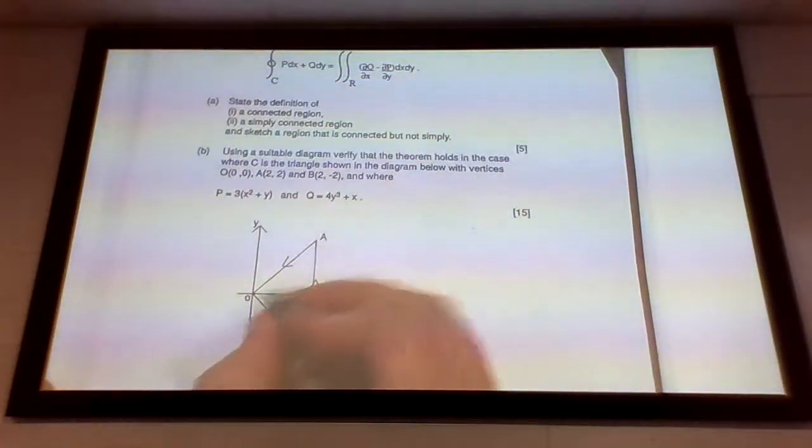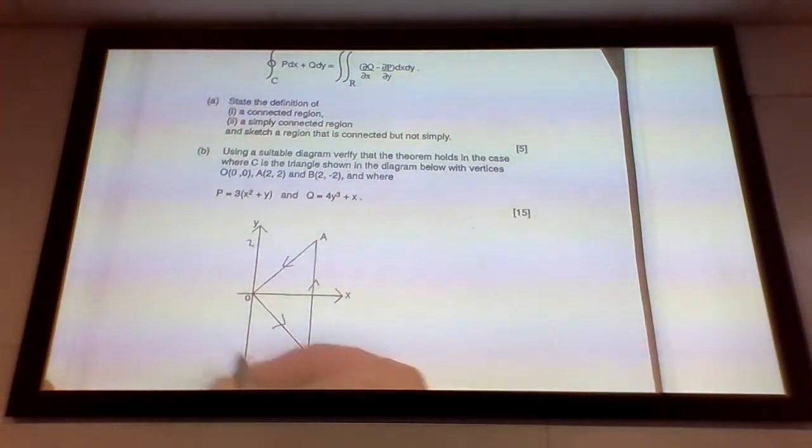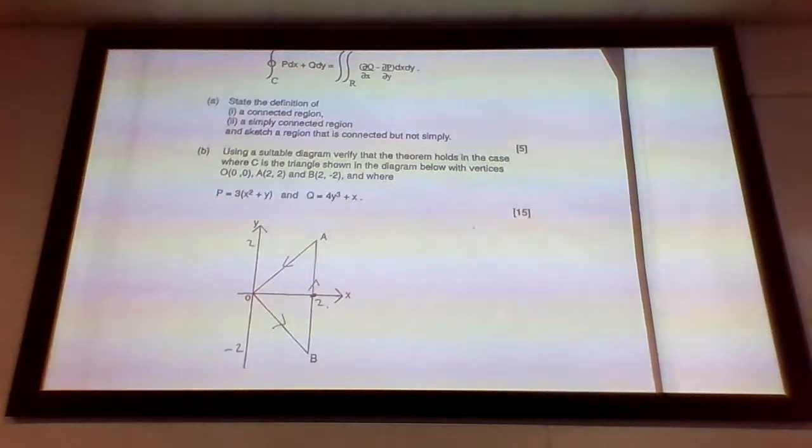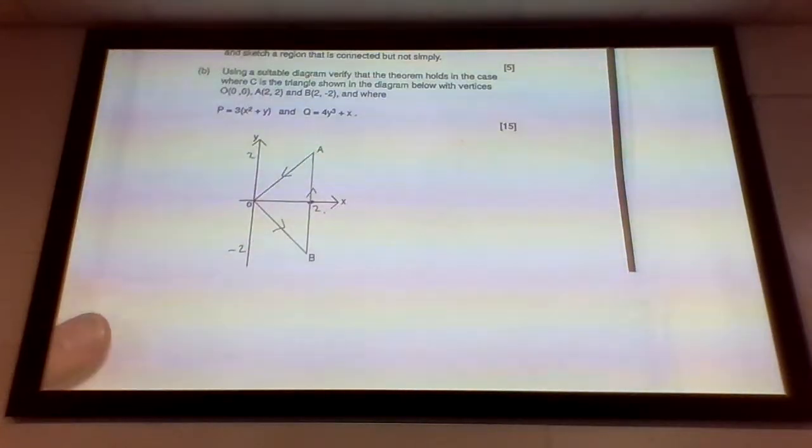So the coordinates here are the origin, plus 2, minus 2, and this point here is 2 on the x-axis. Okay, so what's required here is to evaluate both sides and to show that they come to the same answer.